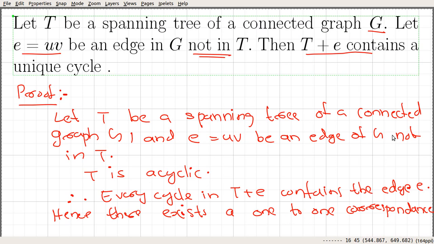So here we started with the spanning tree T of a graph G and E, a chord edge.